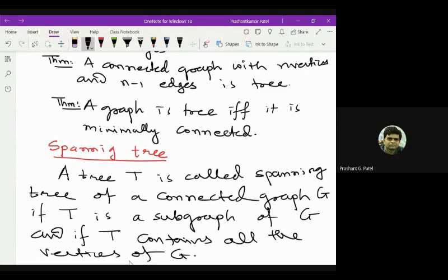If you want to travel with goods at minimum cost, you have to visit each and every shop, and your cost should be minimum. That means you have to visit every vertex. So if I consider each shop as a vertex, I need to find one spanning tree which exists in the graph G. That is the major application of finding the spanning tree in a graph G.